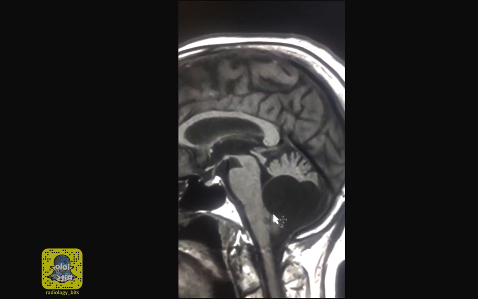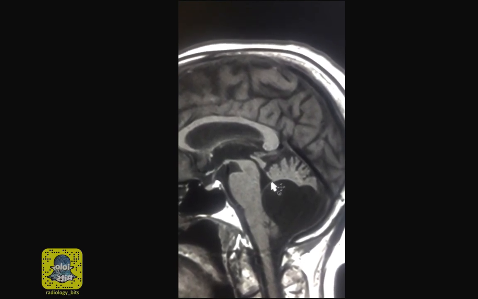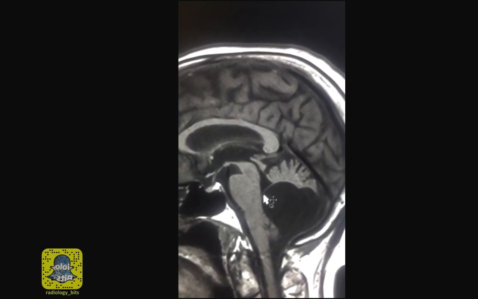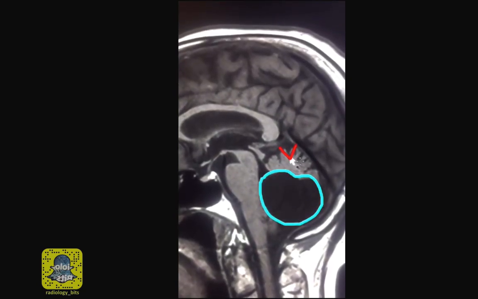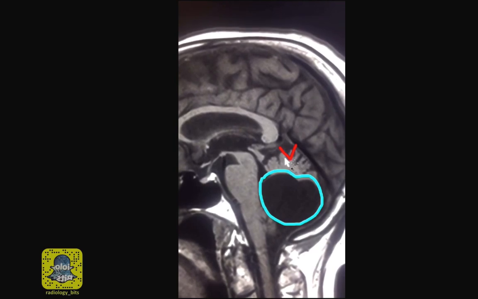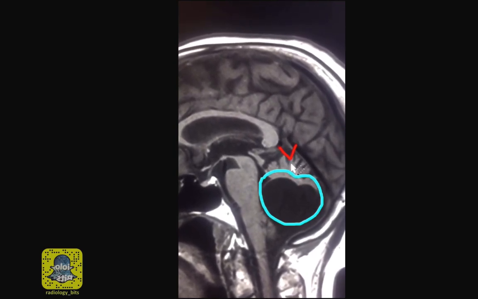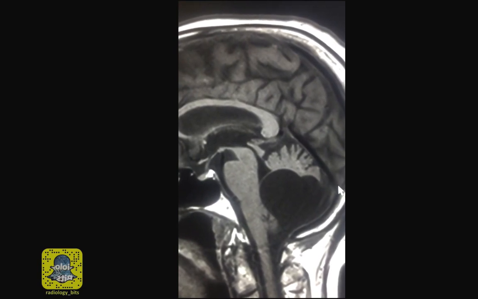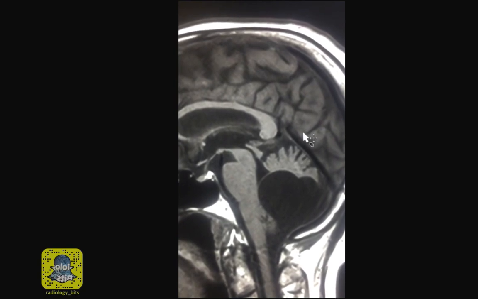And this is your abnormal cystic finding that is clearly separated from the fourth ventricle by this membrane. And the lesion also displaces the cerebellar vermis upwards. The vermis is there, it's not hypoplastic. You could also see that the vein is not elevated upward, the posterior fossa is not expanded, so all that tells us that this is not a Dandy-Walker malformation.